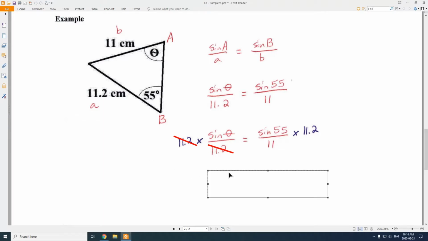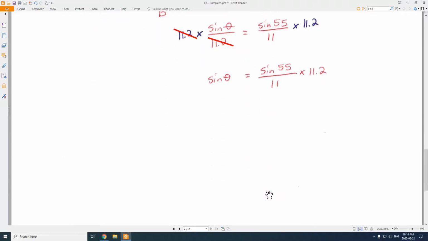So we're now left with sine theta equals sine 55 divided by 11 times 11.2. At this point, remember, if you're solving for an angle, that's where you use an inverse sine, right? Let's work all of this out first. This is all just numbers over here.